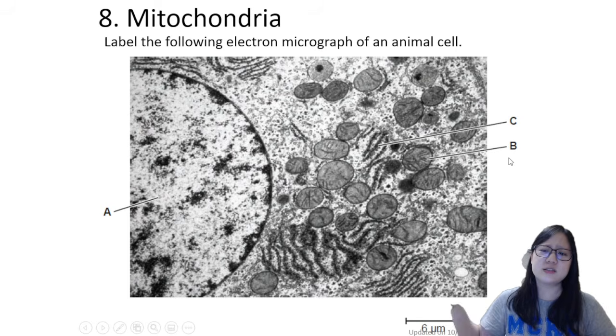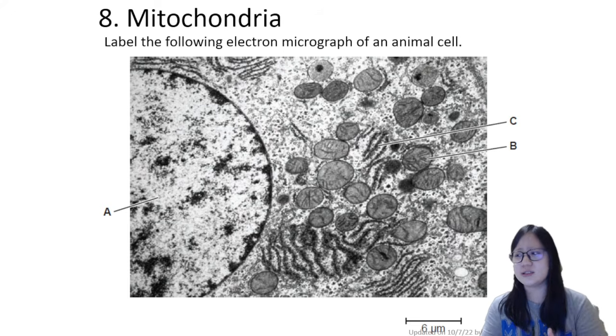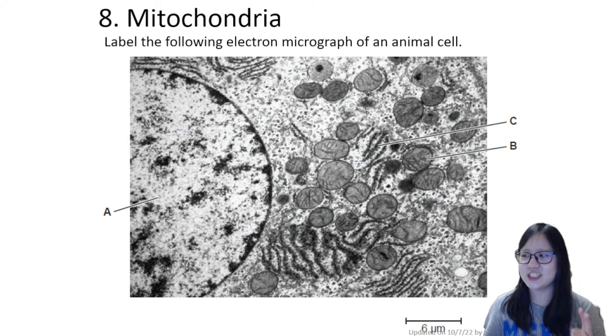Let's look at this electron micrograph. Again, this is because we need to do three things, right? And three things is name it, recognize it, and know its function. And also to a certain extent, know its function and structure as well. So what are the things you see here that you could identify?